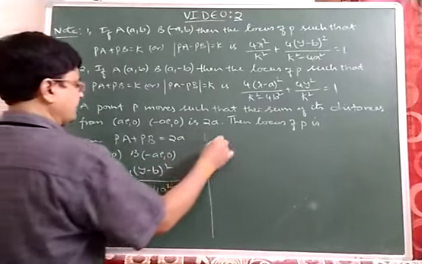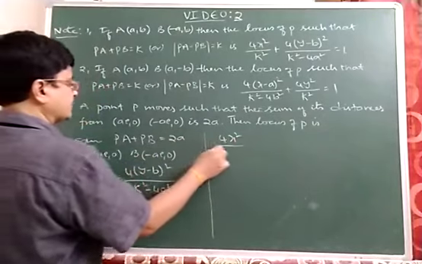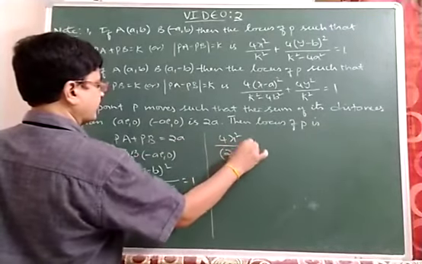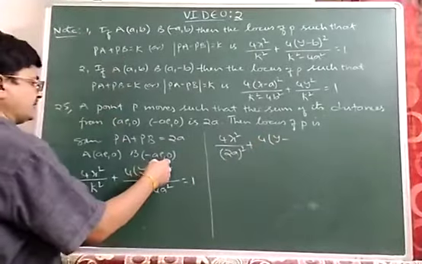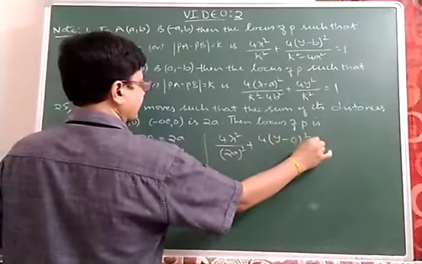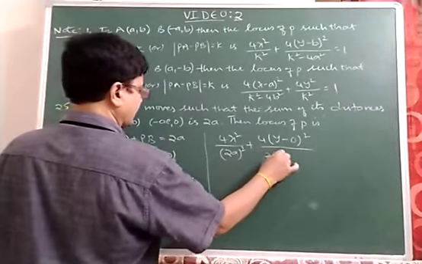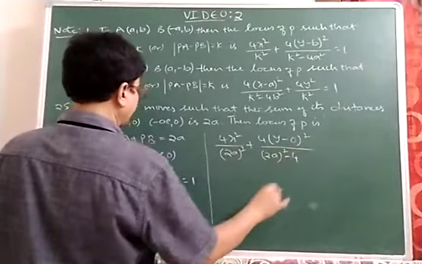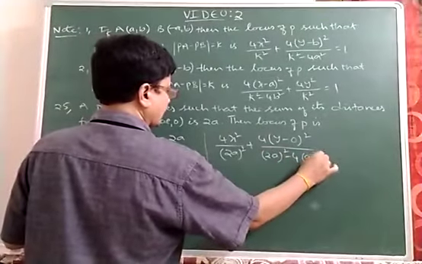So substituting, 4x² by k² (with k = 2a), plus 4(y − 0)² by ((2a)² − 4(ae)²).